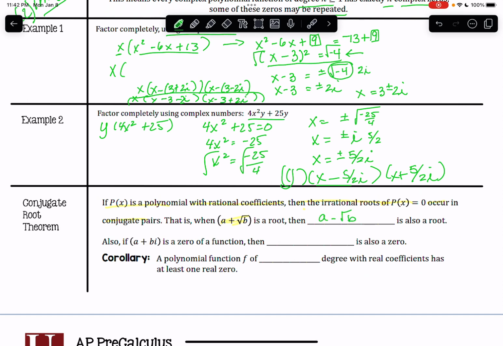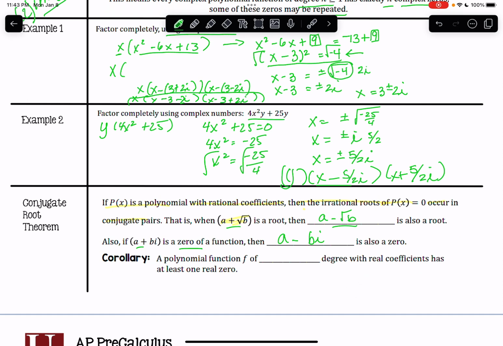That's its conjugate. They have to come in pairs. And also, if you have a complex number, a plus bi, that's a zero, then it also means a minus bi is a zero.